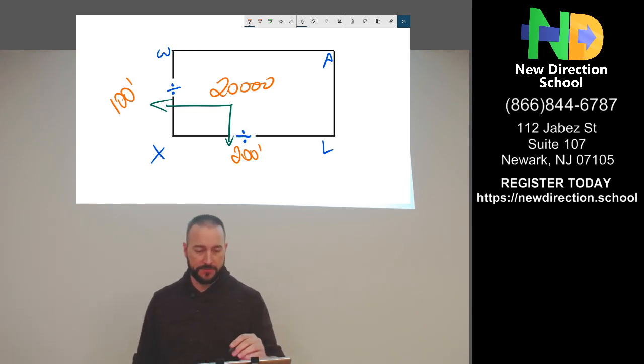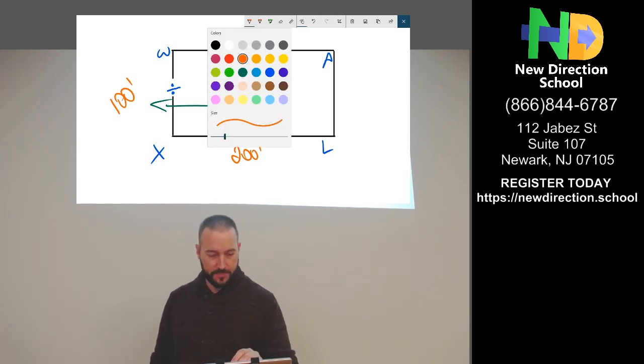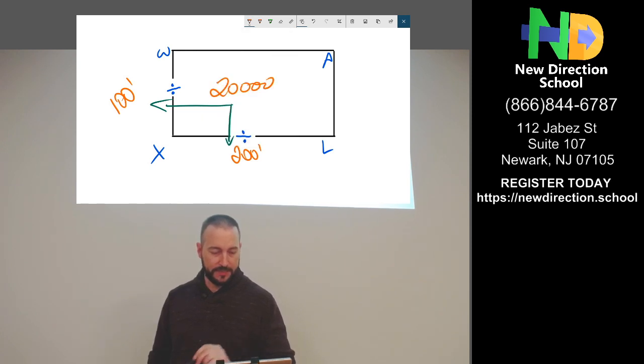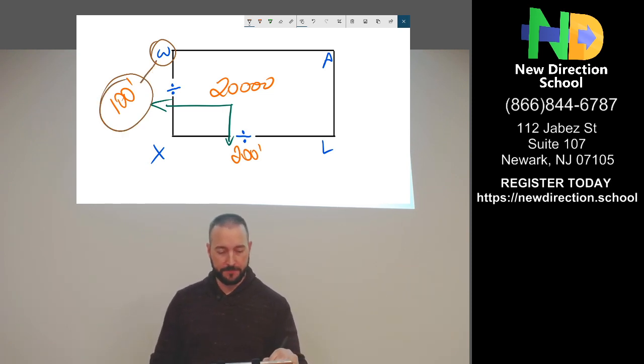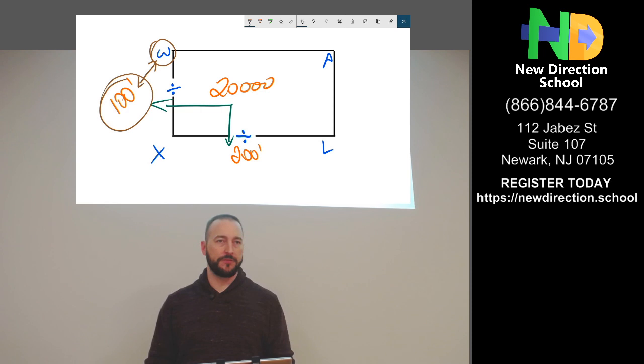Another thing to remember is that this number is always width. And this number always represents front foot or frontage.